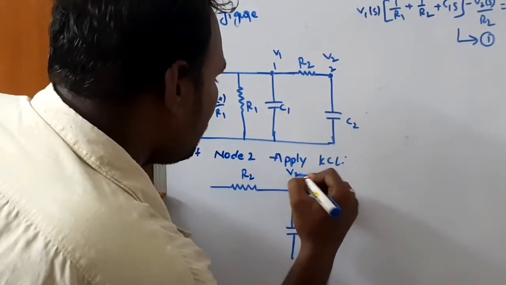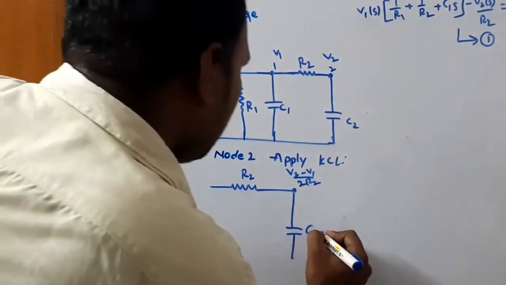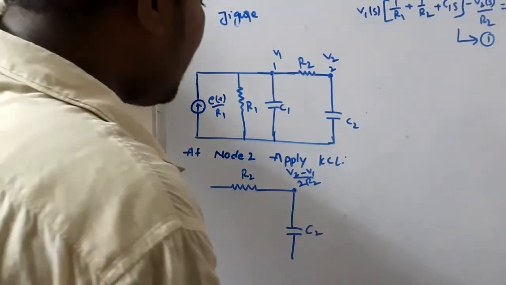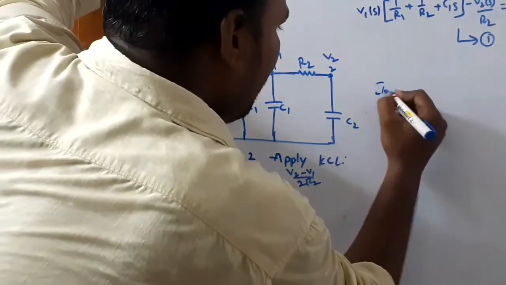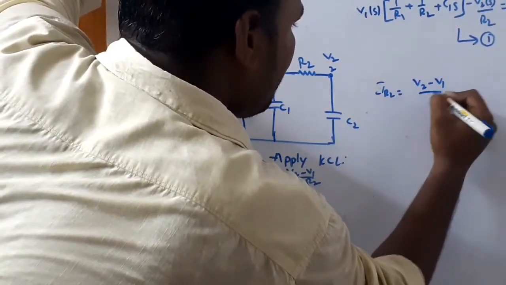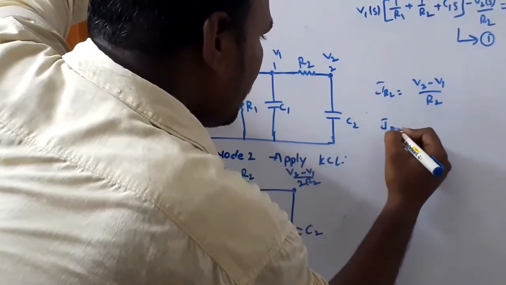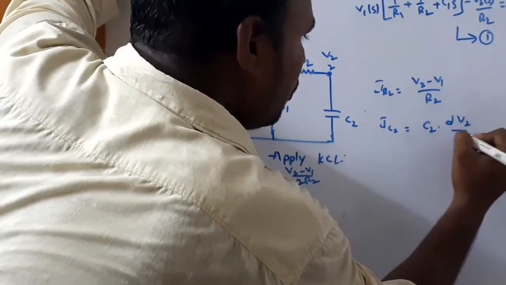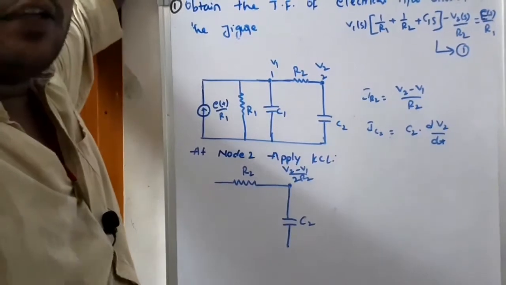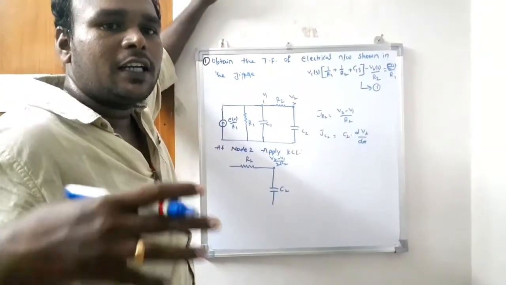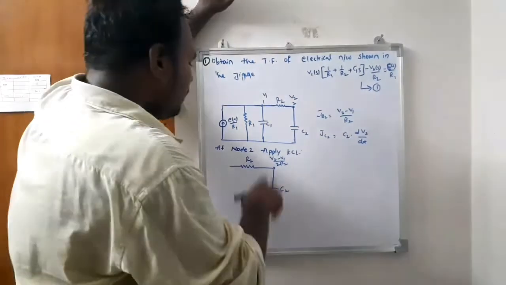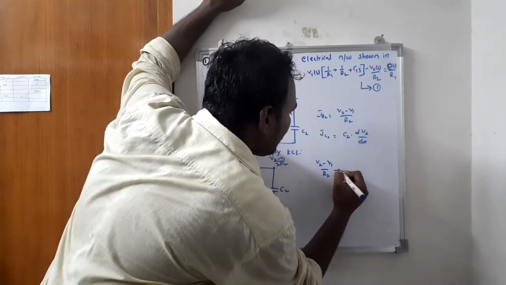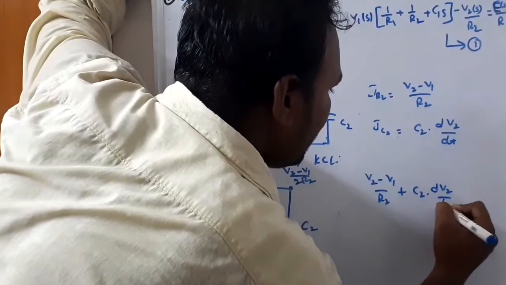So the voltage is V2 minus V1 by R2, and C2 is here. The current through R2 is IR2 = (V2 - V1)/R2, and the current through C2 is C2 dV2/dt. We know that the algebraic sum of the currents entering and leaving in the circuit is equal to 0. Here we have only two currents, so (V2 - V1)/R2 + C2 dV2/dt = 0.